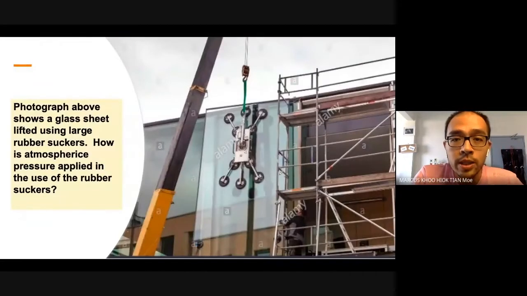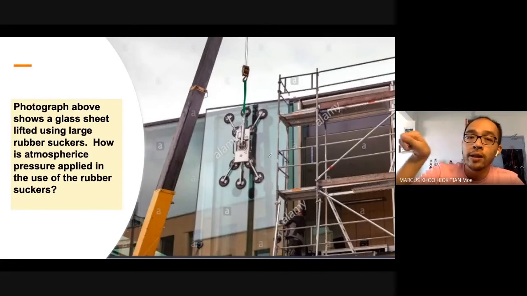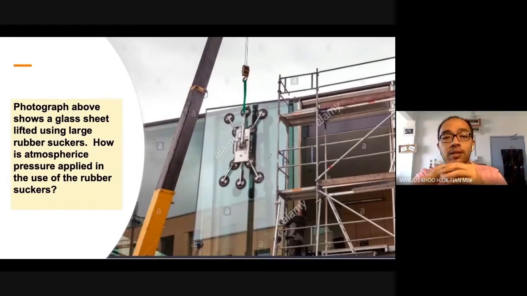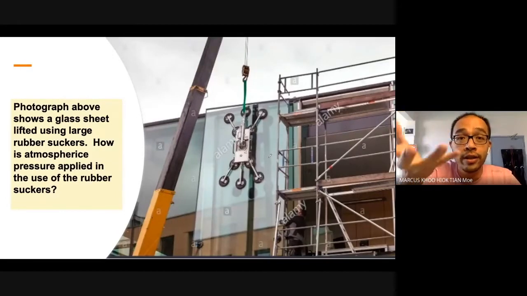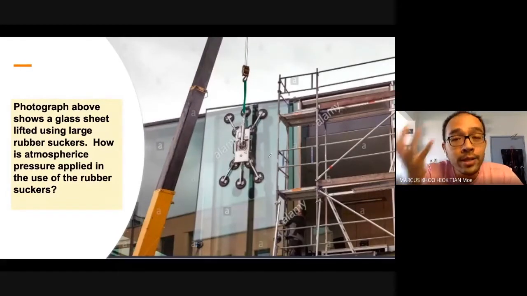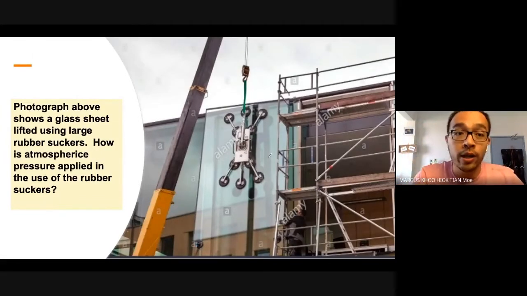This is a photograph showing a glass sheet that is lifted using large rubber suckers. You have all these rubber suckers over here. You know the thing that you put on the wall, you press it, and when you pull it, it can hold a very significant amount of weight. I'm not saying that it's super strong, but it can hold up quite a lot.